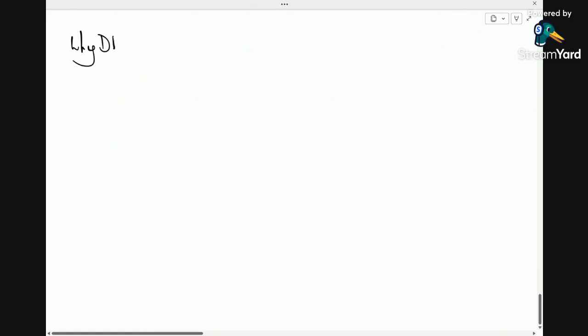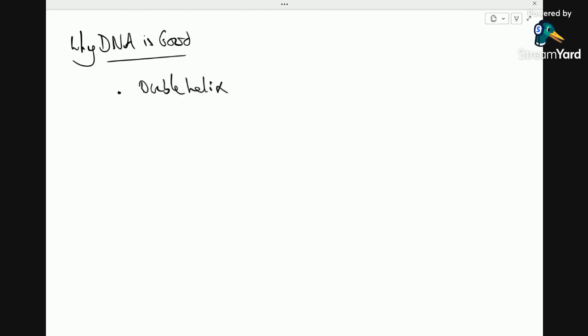So I'm going to put here why DNA is good at its job. The answer is it's a double helix. And as Watson and Crick pointed out, this means that it can be replicated semi-conservatively.